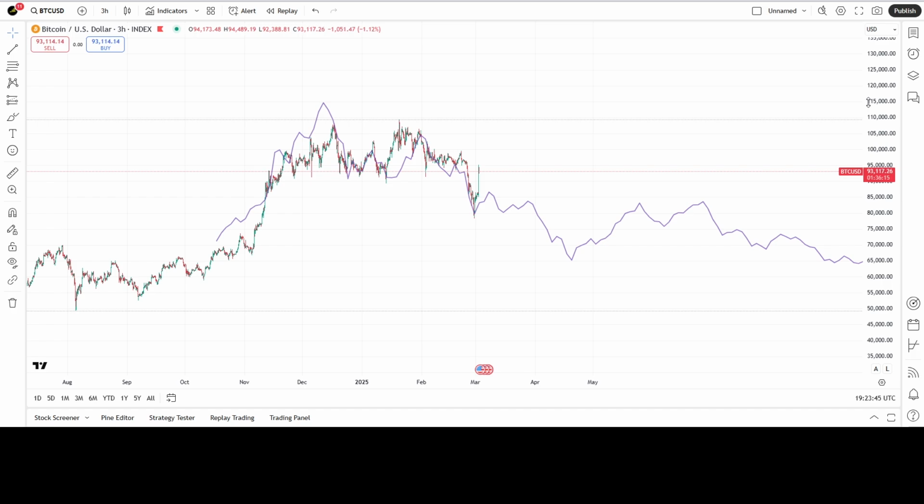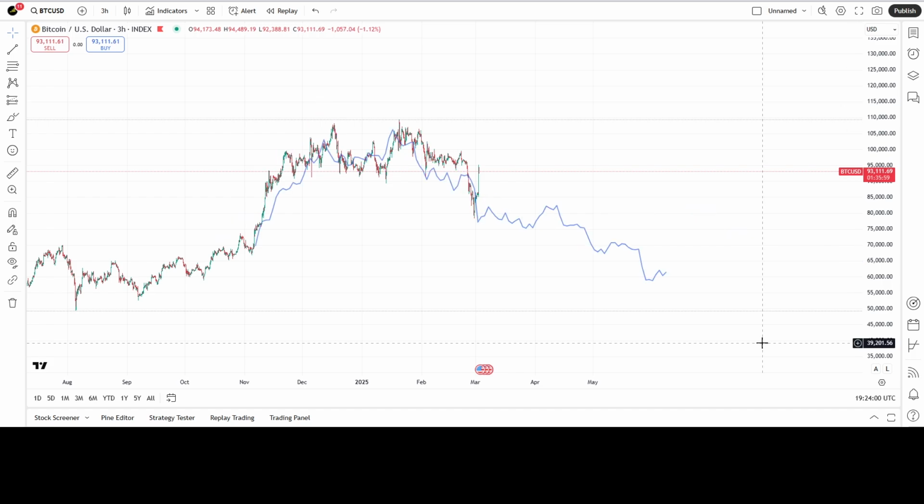We can change it to the previous bull run structure. So this is the peak of the 2021 bull run structure. This is the all-time high it made back in 2021. As you can see, it is also following this basic idea. So we have multiple fractals that are saying the same thing.